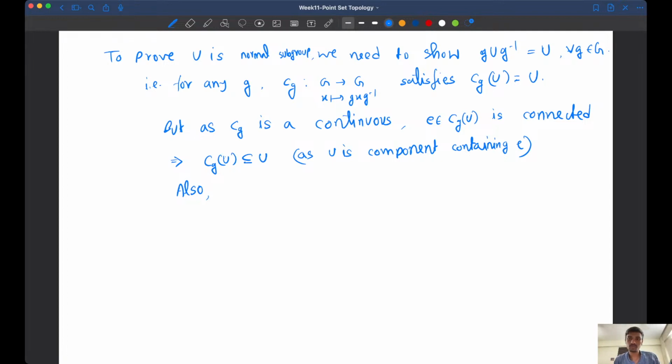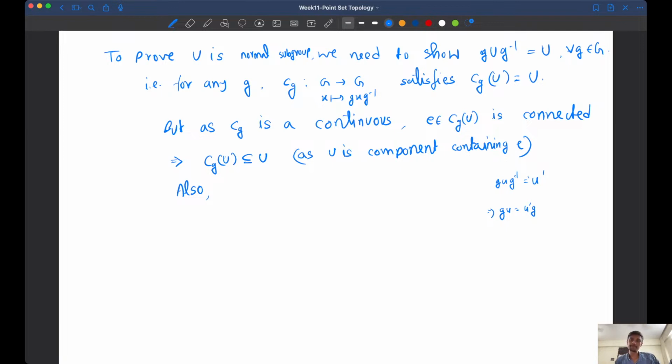I have to prove that g inverse, if I can say this is some u prime, this implies g U equal to u prime g.